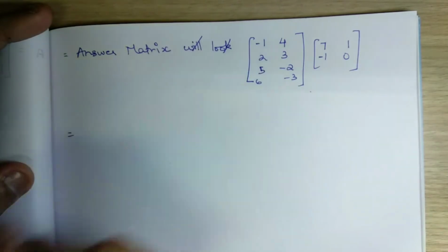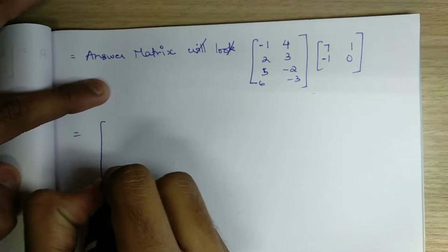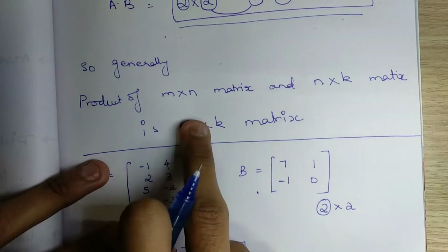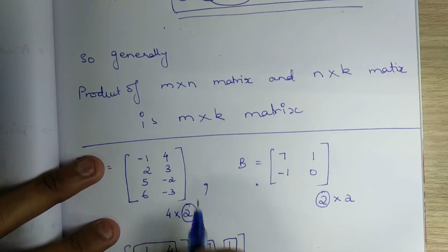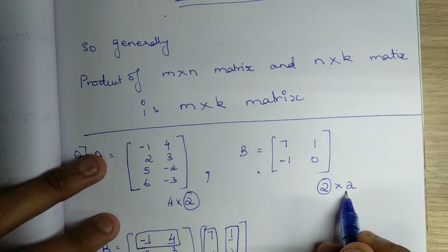So the answer matrix will be, according to this rule, of the order 4 into 2.